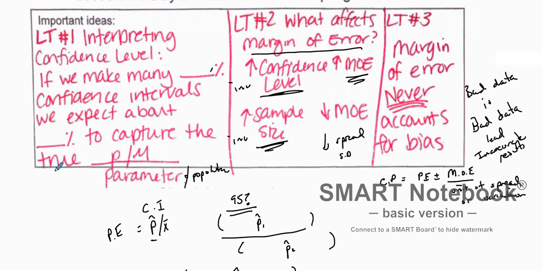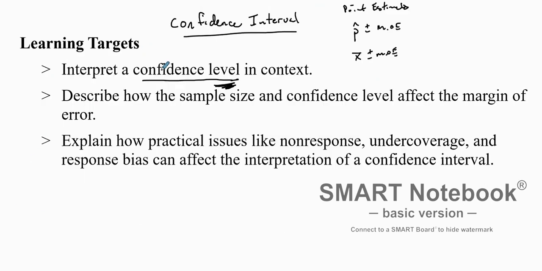I hope this helps you get some context of the difference between confidence intervals and confidence levels. Confidence levels are doing many confidence intervals at some percentage, and we know that we will get that percentage of the confidence intervals capturing the parameter.